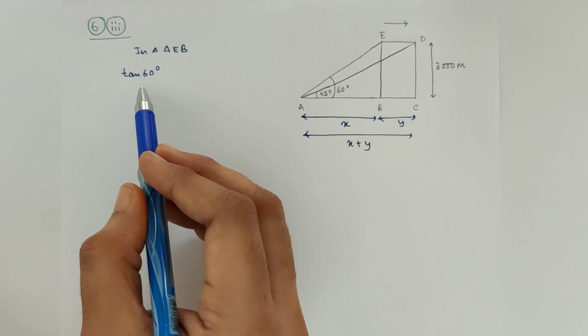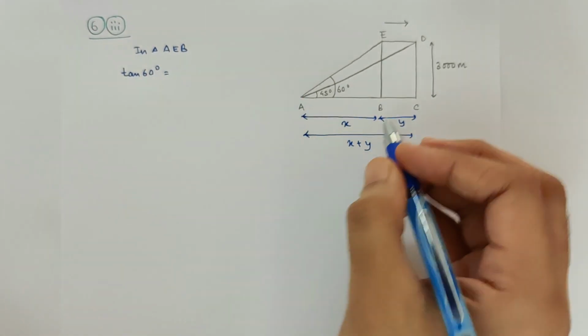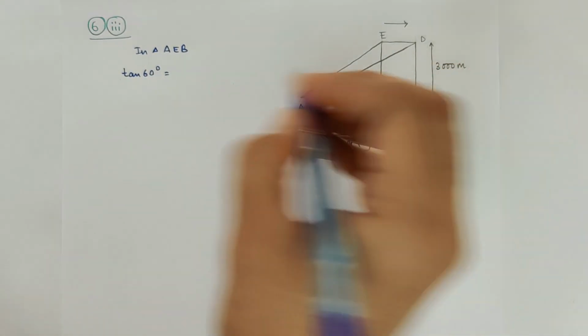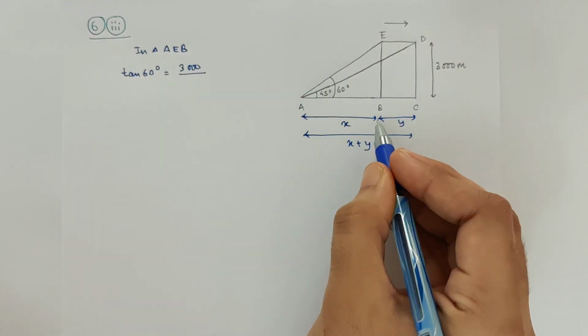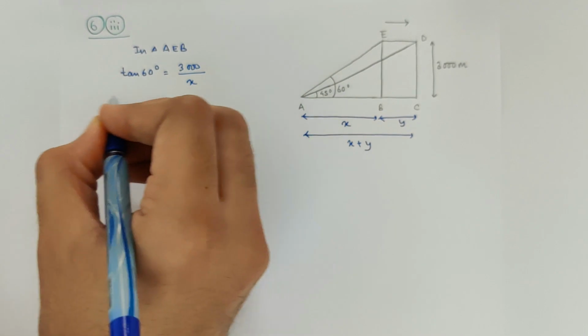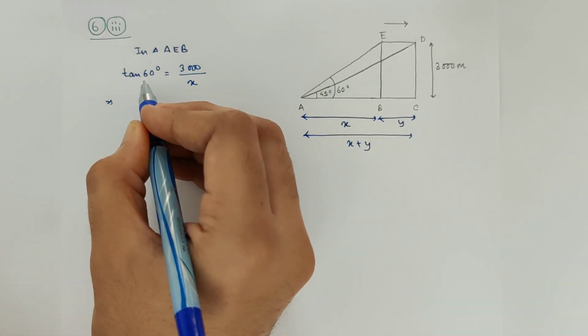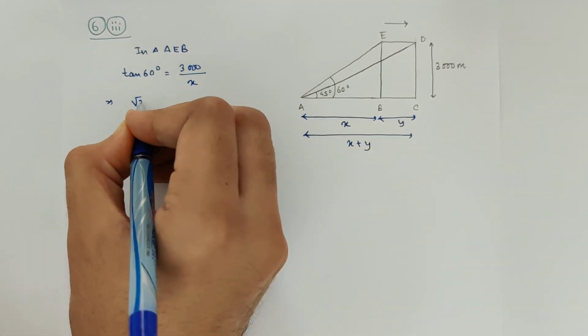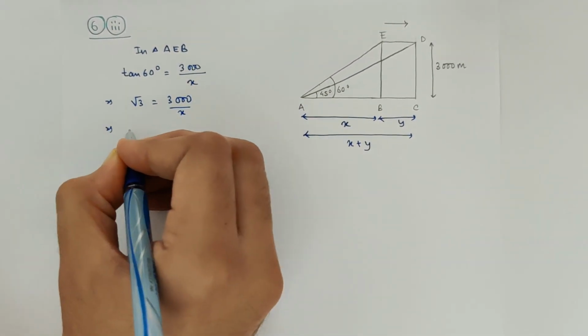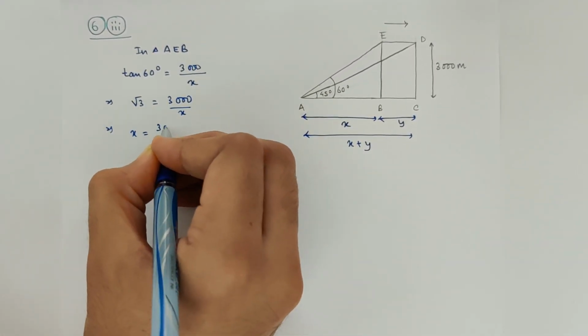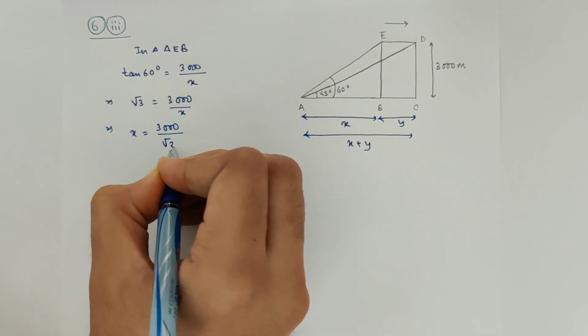So tan 60 degree will be equal to the perpendicular, which is 3000 divided by X. We know that tan 60 degree is equal to root 3. So root 3 is equal to 3000 divided by x. Therefore x is equal to 3000 divided by root 3.